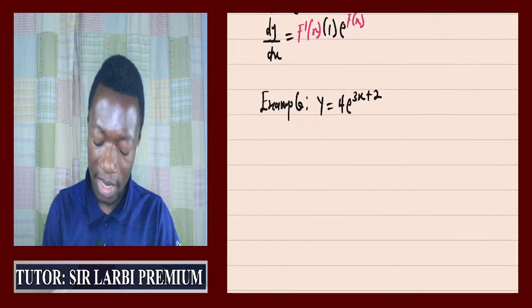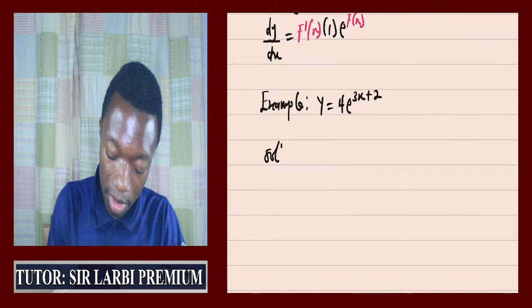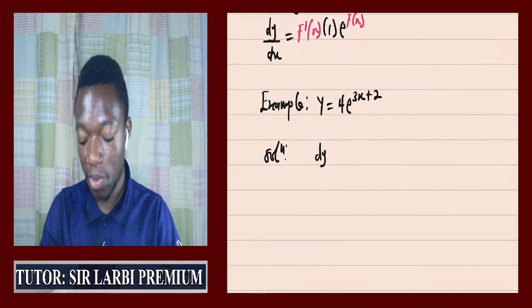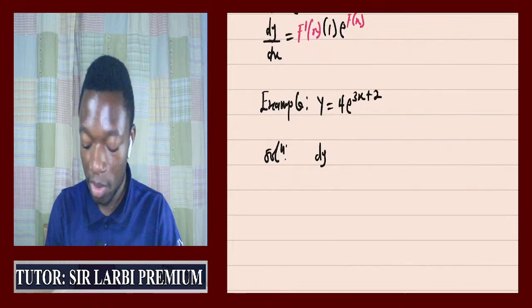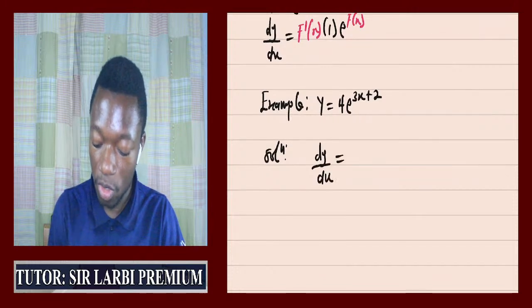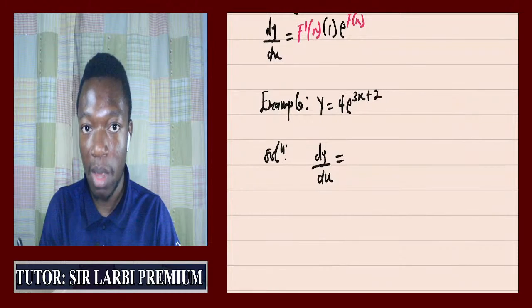So if that is the case, then we have our solution here. We are differentiating y with respect to x, so we have dy over dx. We come back and differentiate 3x plus 2, term by term.